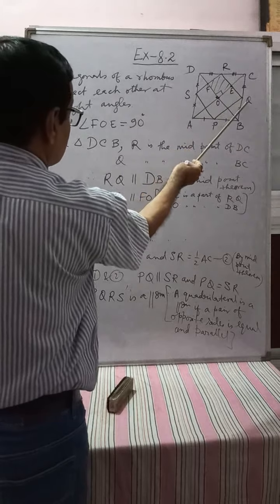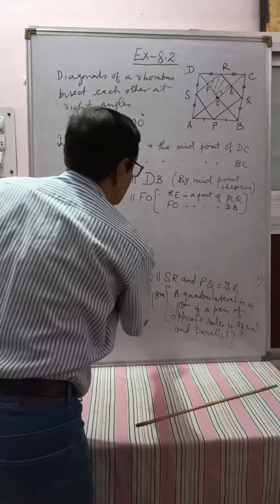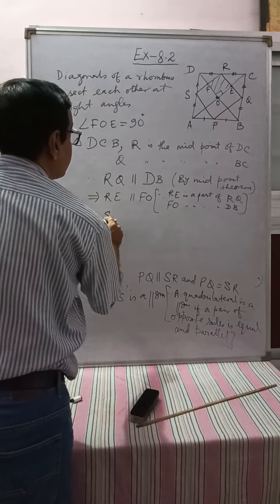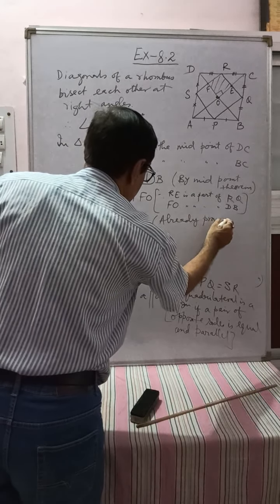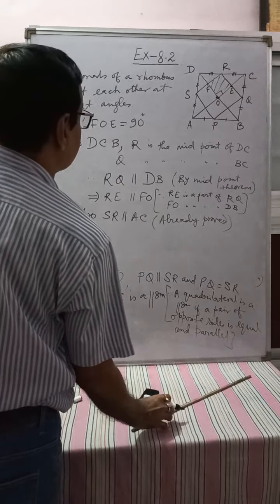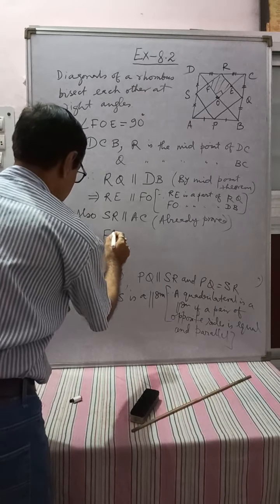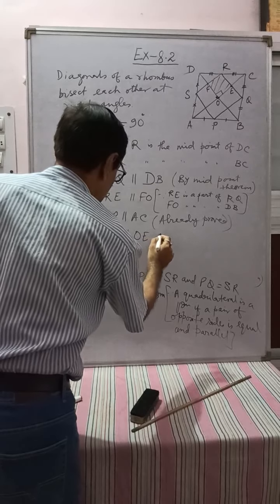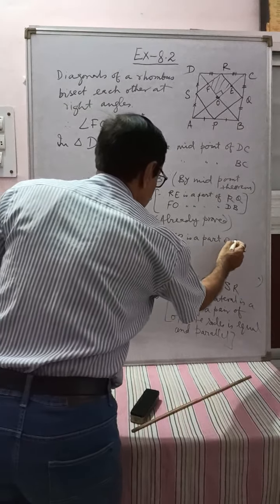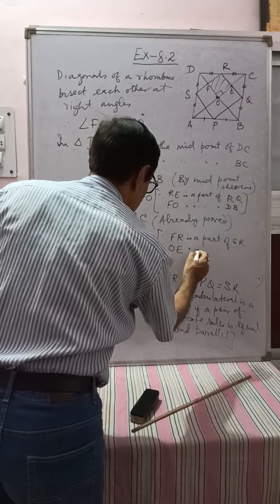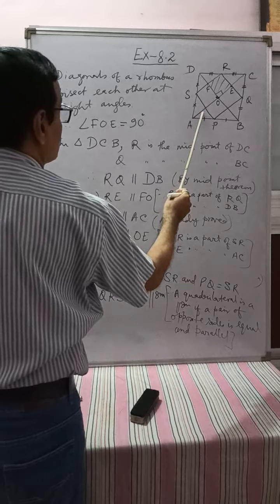Again, we have already proved SR is parallel to AC, so their parts FR must be parallel to OE, because FR is a part of SR and OE is a part of AC.